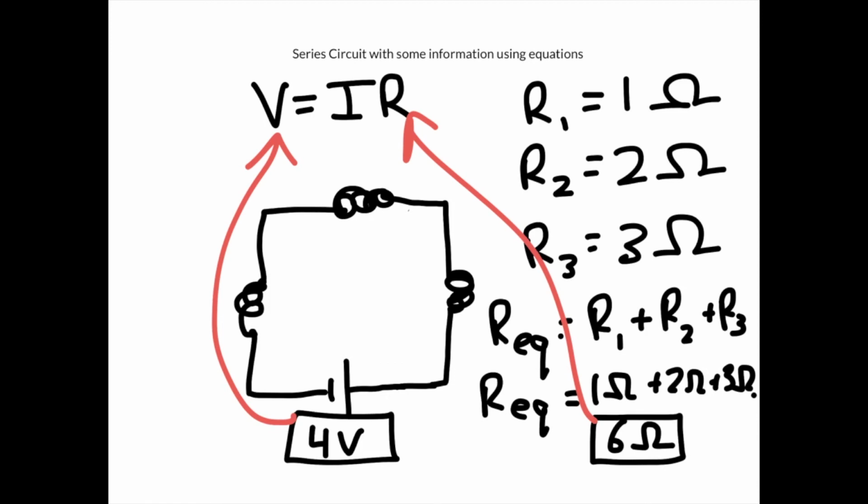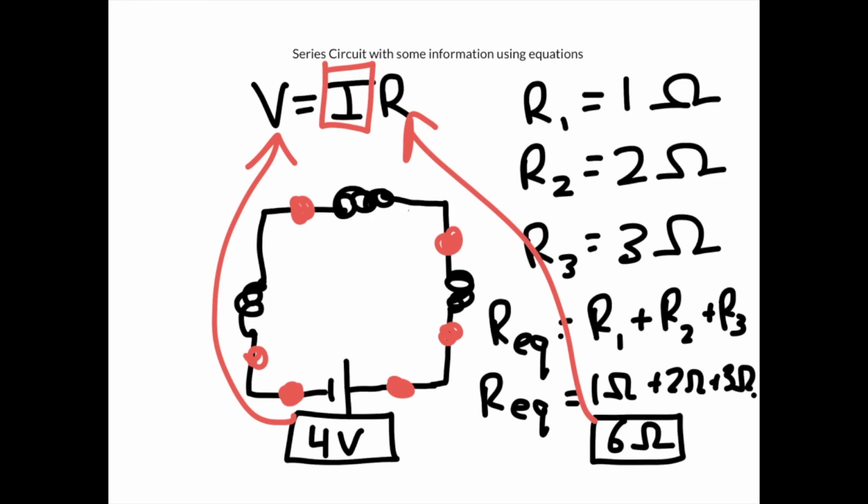Imagine if I put an ammeter right here, I could measure the total current going around this circuit, or if I put the ammeter here, it would measure the total current going through the circuit. Ammeter here, here, here. No matter where I put an ammeter to measure the current going through this circuit, it's going to measure this value, which is the same as the total current going through the circuit.